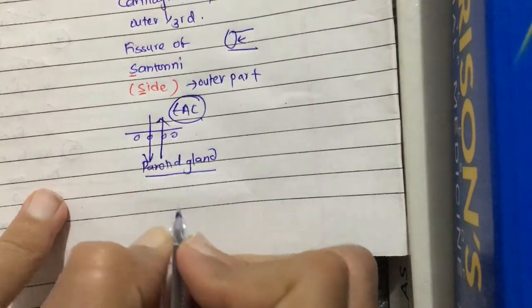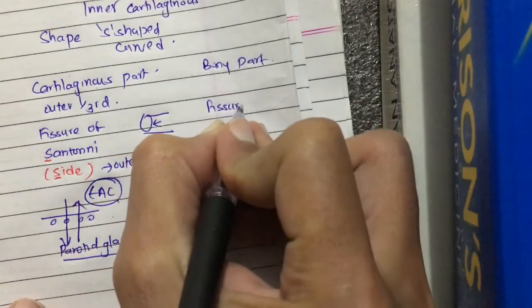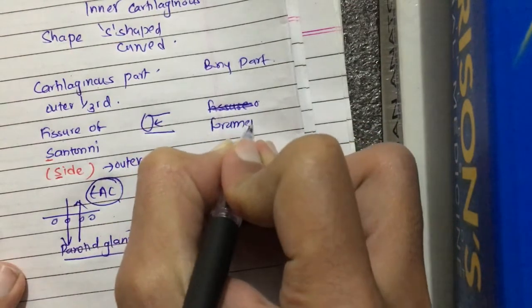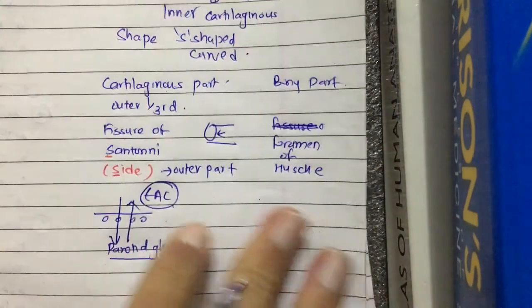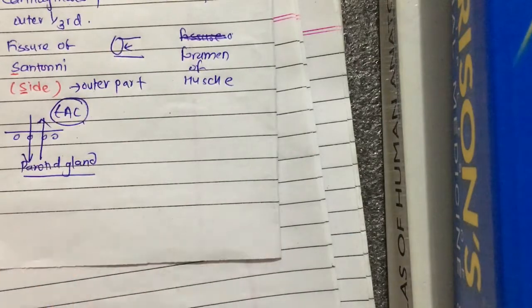Let us compare the cartilaginous part with the bony part. The bony part has the foramen of Huschke. The cartilaginous part has the fissure of Santorini in the outer part, whereas the bony part has the foramen of Huschke.